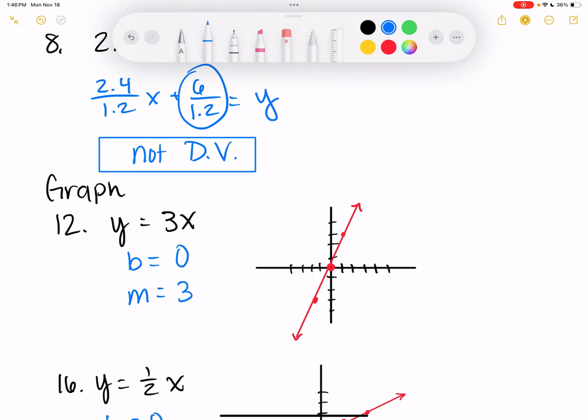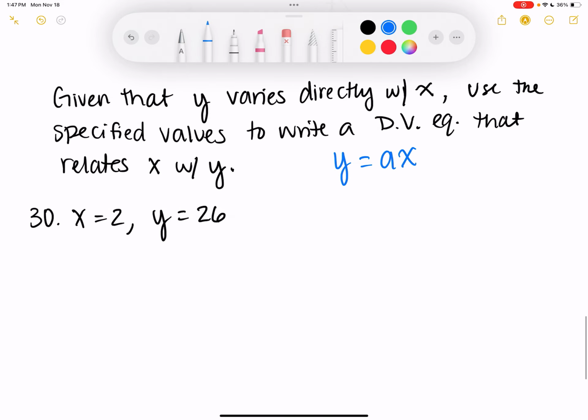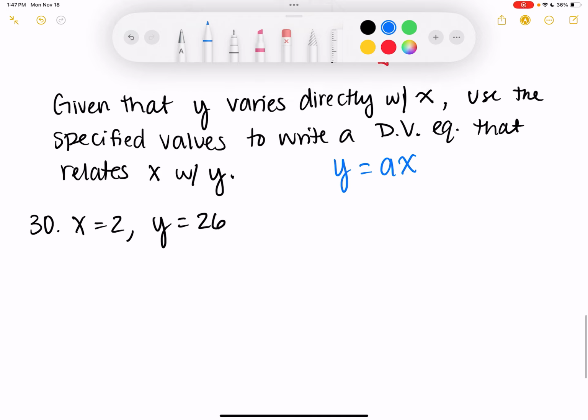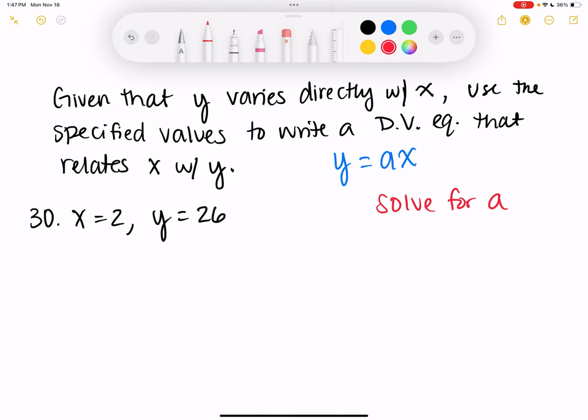Okay, so in this problem, though, what did they give me? 2 and 26. They gave me two numbers for x and y. What did they not give me? A. They did not give me a. I need to first solve for a. These are two-part problems.